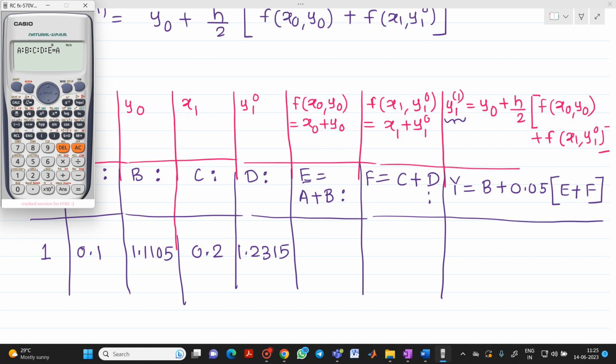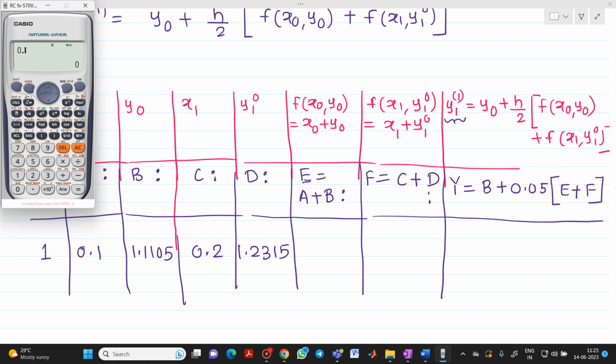A plus B. Colon, next is F equal to C plus D. Colon, Y will be equal to B plus 0.05 into bracket E plus F. So I am going to substitute values.